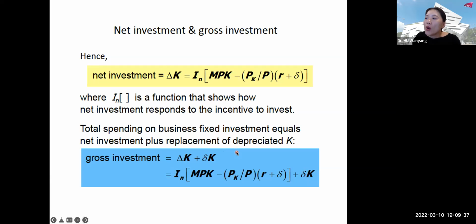So the gross investment will equal the net investment plus the replacement of the depreciated K, which is delta multiplied by K. So basically we just insert this function here, plus the replacement of the depreciated capital stock. Okay, this is the gross investment.